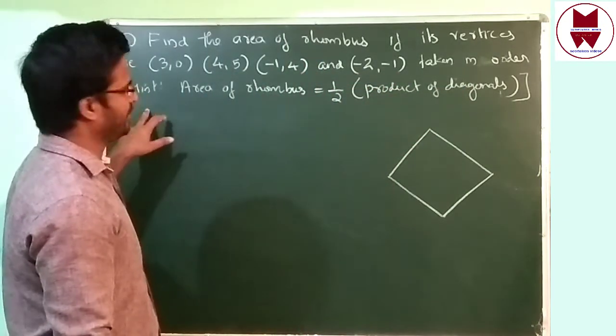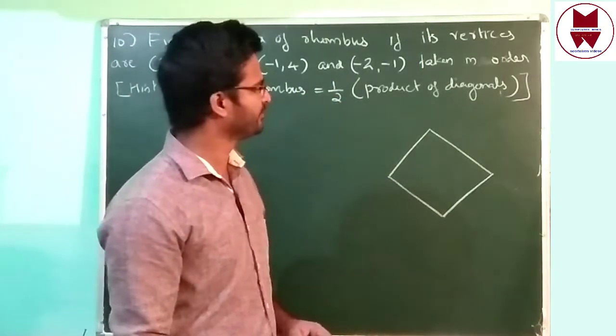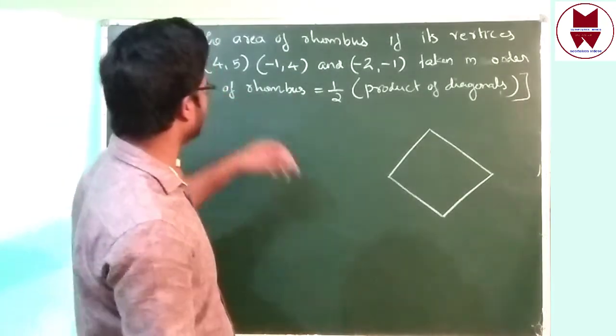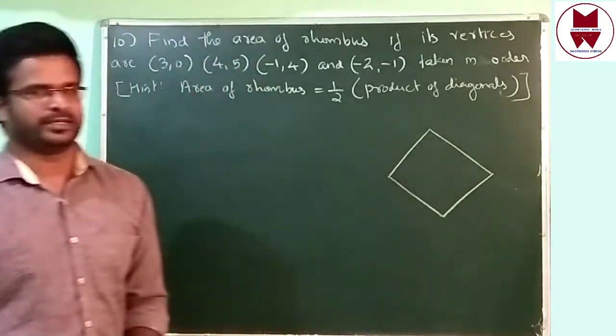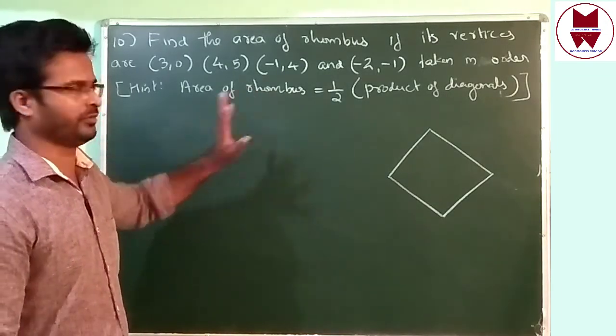One hint given: area of rhombus equals 1 by 2 product of diagonals. This is the formula to find the area of a rhombus. But in exam time they will not give this hint. You have to study this formula by heart.